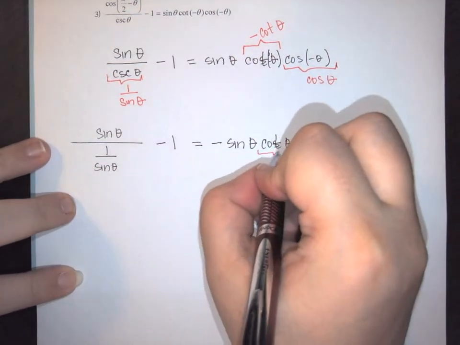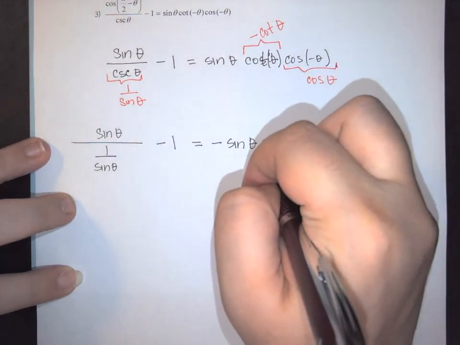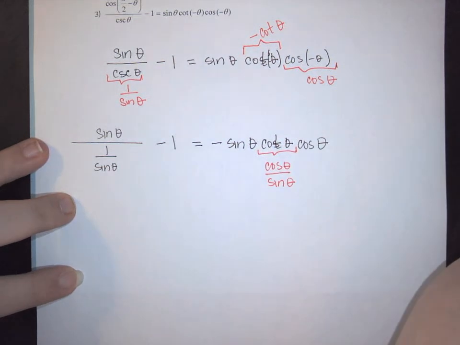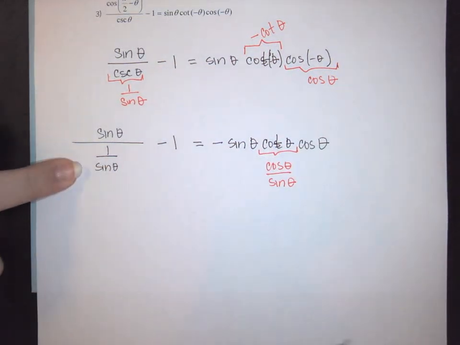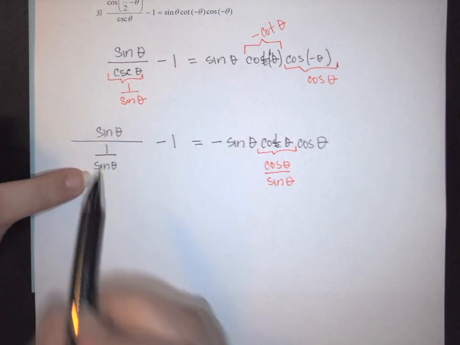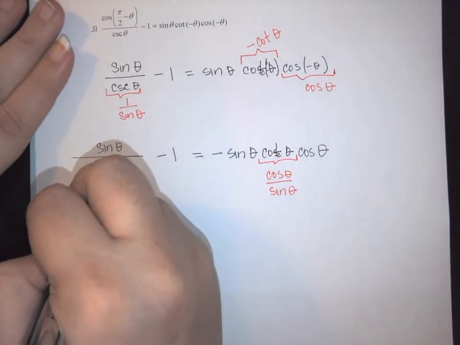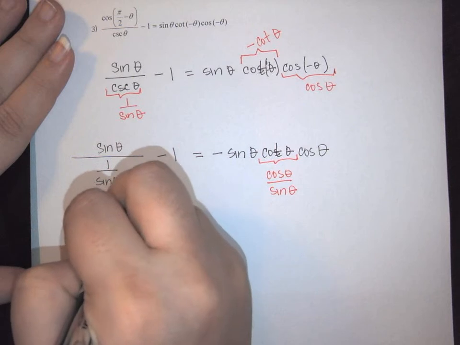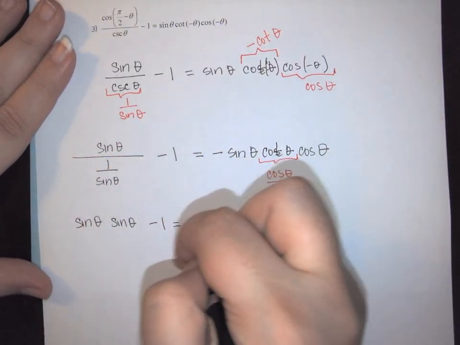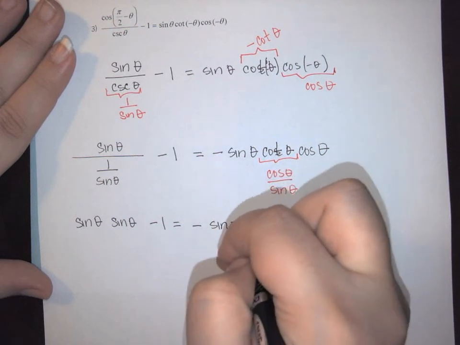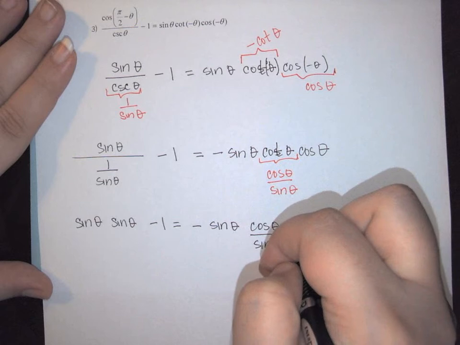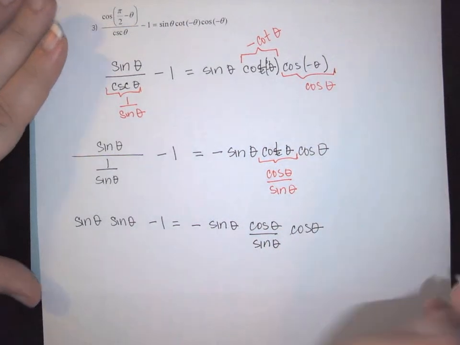Now when I look at my cotangent, I can rewrite that to say cosine over sine. And I have fraction over fraction, so that says keep the top and flip the reciprocal of the bottom. So this becomes sine of theta minus 1 equals negative sine of theta cosine over the sine and then cosine of theta.